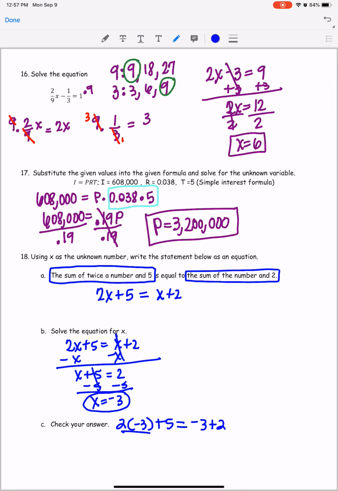They're going to multiply first over here, so we get negative 6 plus 5. Negative 3 plus 2 gives me negative 1. Now, you can stop right here. If you know negative 6 plus 5 is negative 1, and say, yep, those work. Or if you want to take it one more step and say negative 1 equals negative 1. Okay, but that's what checking your answer means.